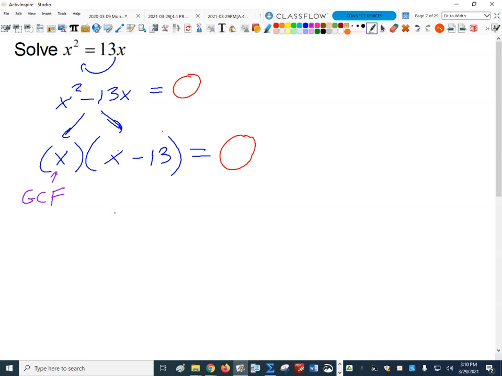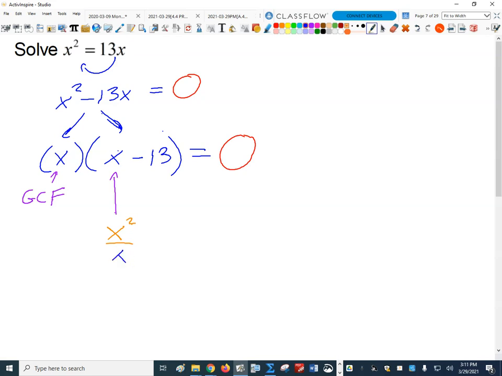If I want to know what goes there, I could take the original term and divide by my greatest common factor of x.